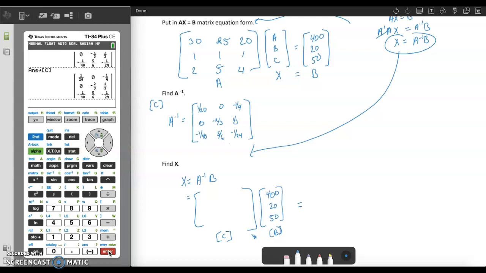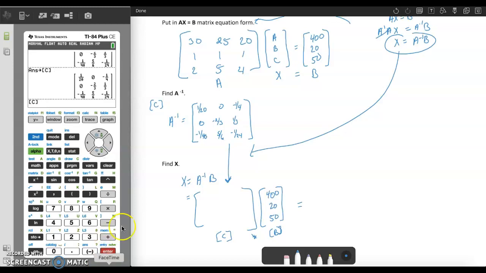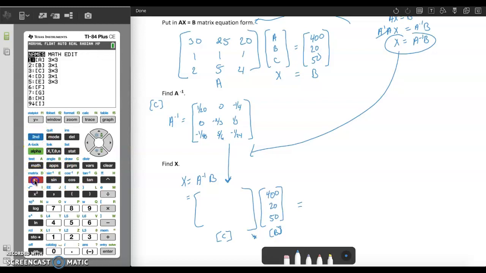You could rewrite this matrix right here if you want to, but again, I'm going to save a little bit of time. So I'm going to go into my second matrix. I'm going to call up matrix C because that's where my A inverse is. And I'm going to say multiply that for me by second matrix, and I'm going to choose matrix B. So where I've saved those respectively. I'm going to hit enter.